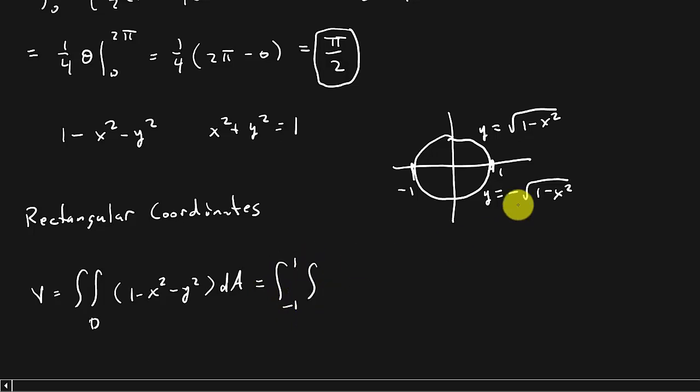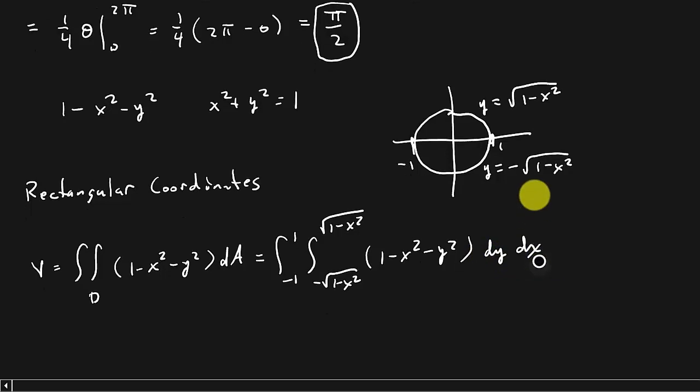And then the inside, that's your y value, right? Your g1 and g2, remember that? So that's going to be negative square root of 1 minus x squared to the square root of 1 minus x squared of 1 minus x squared minus y squared, dy dx. And so that's what we would have.